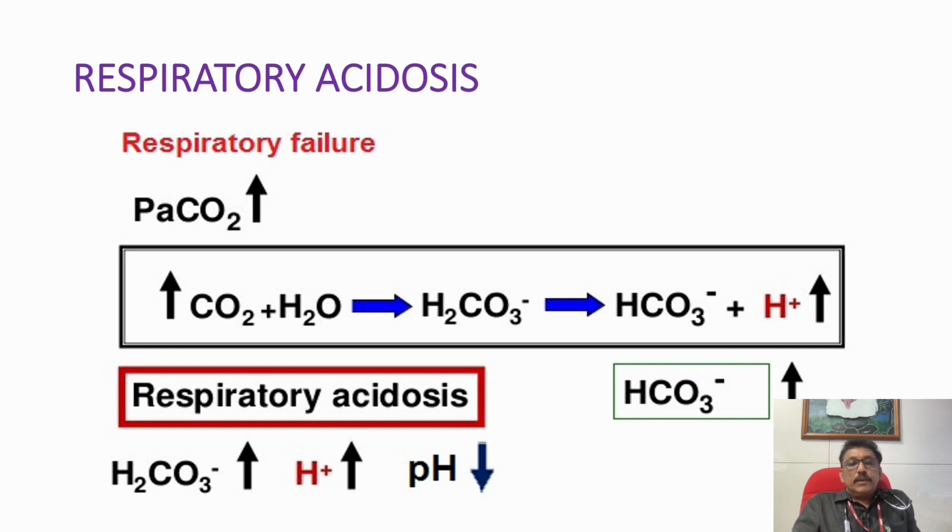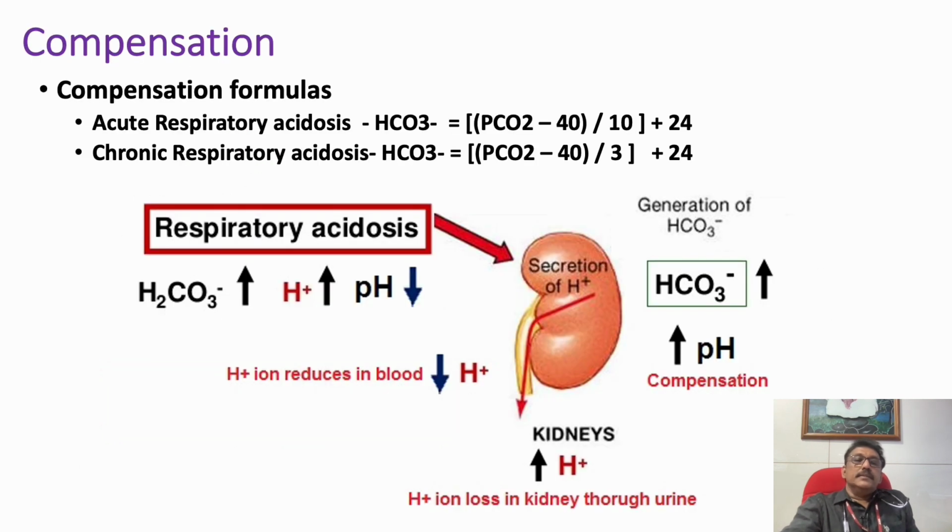But after some time, the patient slowly develops bicarbonate retention by the kidney, and that produces compensation. You can see here how compensation occurs. Whenever there is respiratory acidosis, initially pH reduces, and the kidneys lose hydrogen ion through the urine.